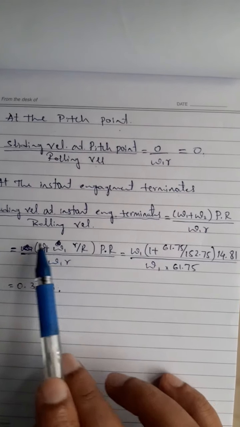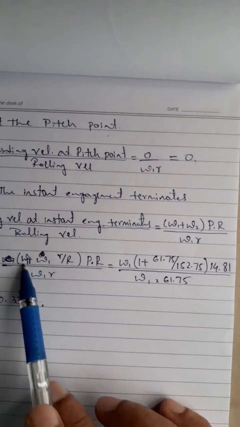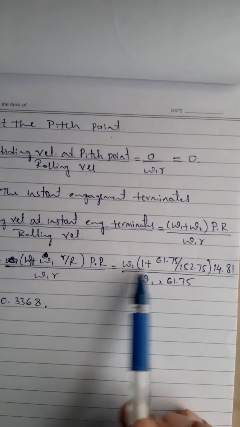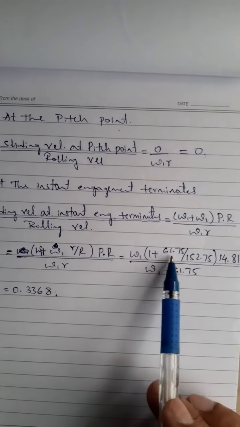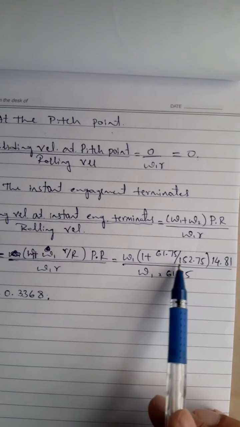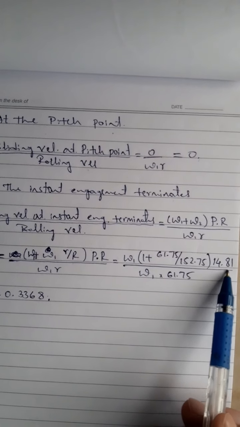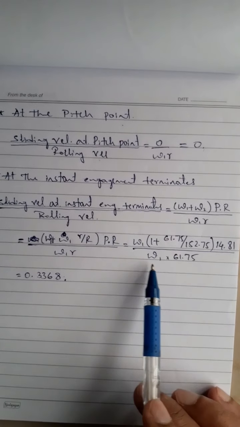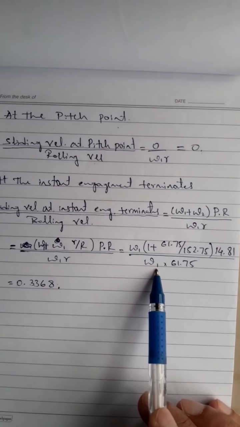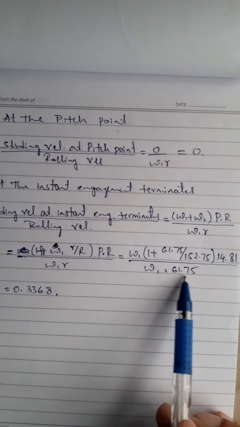Taking omega 1 as a common factor outside, we are left with 1 plus r divided by R. So 61.75 divided by 152.75 into path of recess, 14.81, divided by omega 1 into the pitch circle radius of the pinion as 61.75.